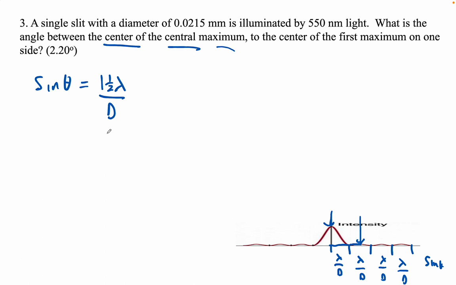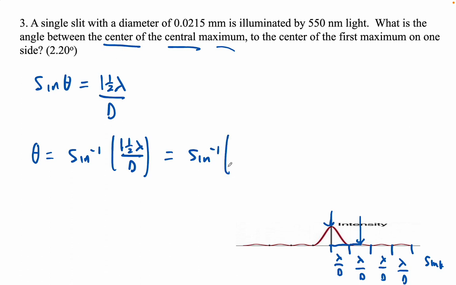And then we're trying to find the angle. So the angle here is going to be inverse sine of 1.5 times the wavelength over the slit width. So that's inverse sine of 1.5 times 550 e minus 9, all divided by d.